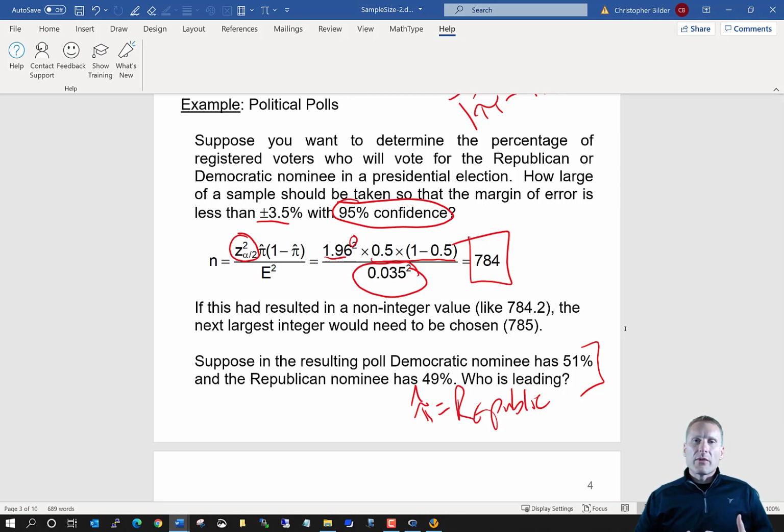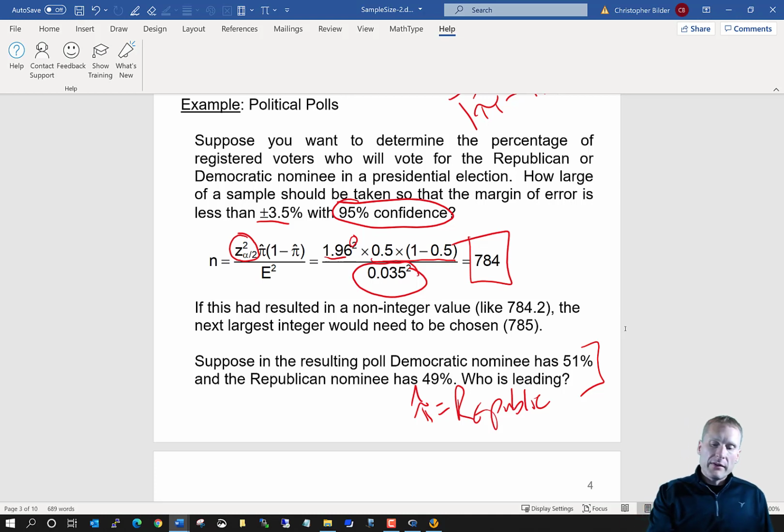In terms of the population, it represents all the people who will actually vote. A sample was taken of, let's say, 784 people, and 51% said Democrat, 49% said Republican. But the margin of error is 3.5%.